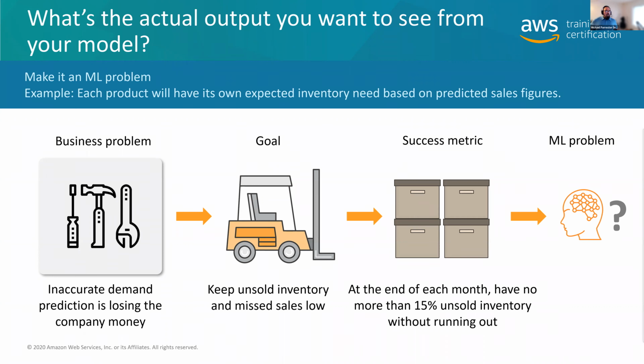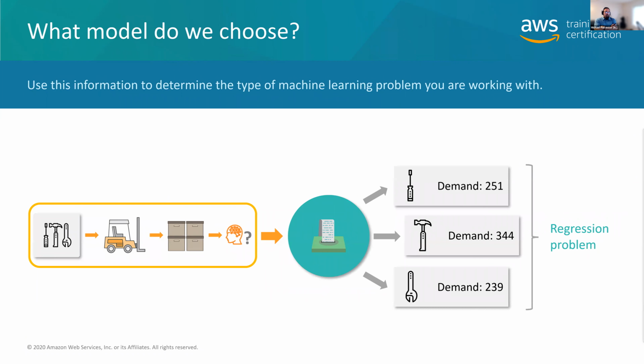So then we come to this pivot point. What's the actual ML problem? It's time to decide what ML problem we're going to use. What output do we want to see from the model? Well, we've got to be very specific. It should be a statement that reflects what an ML model could actually output. So what kind of machine learning are we looking for?